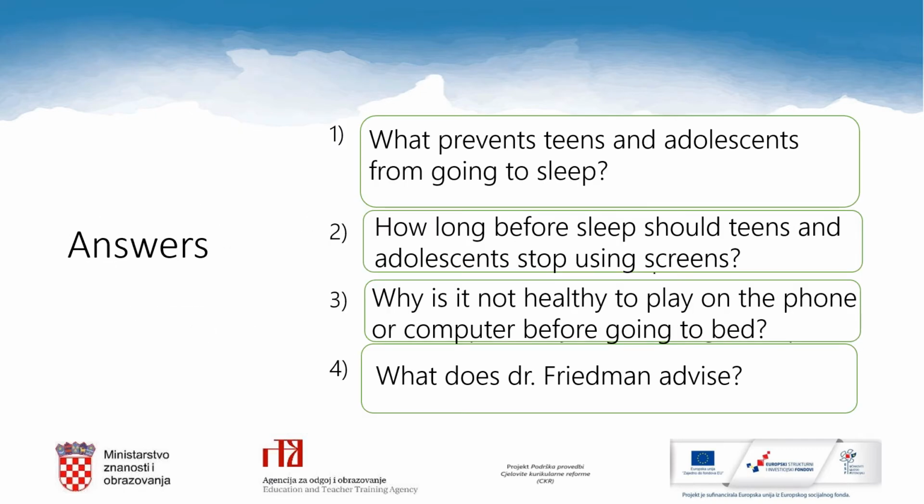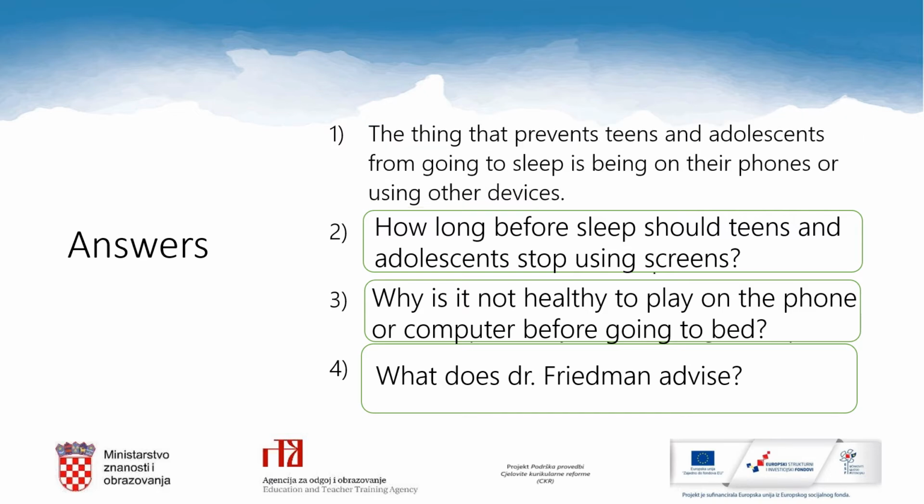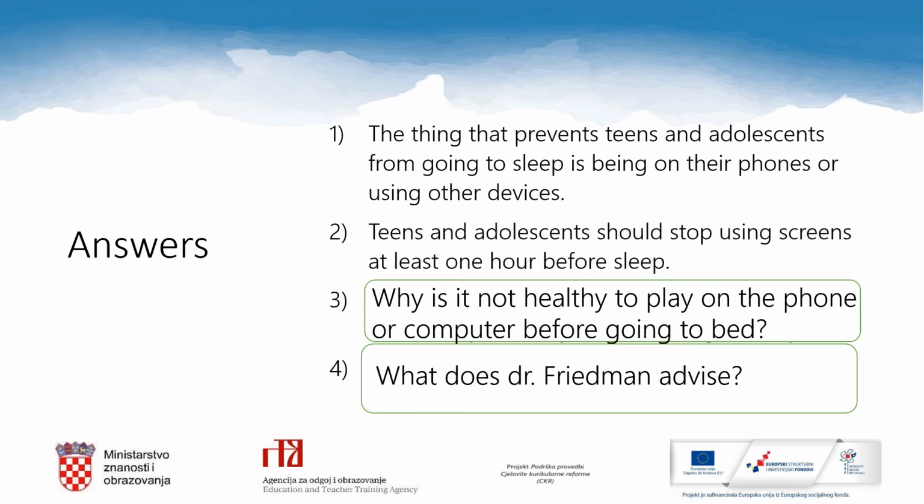Let's check the answers. What prevents teens and adolescents from going to sleep? The thing that prevents teens and adolescents from going to sleep is being on their phones or using other devices. How long before sleep should teens and adolescents stop using screens? Teens and adolescents should stop using screens at least 1 hour before sleep.